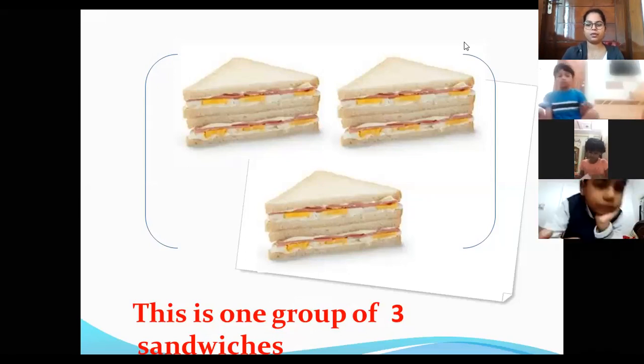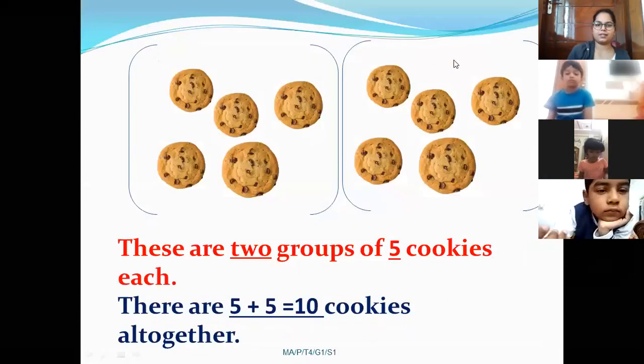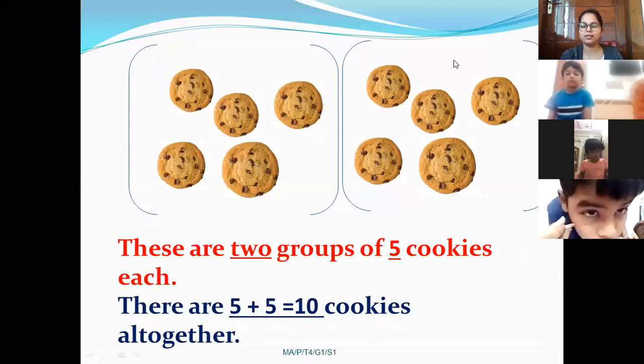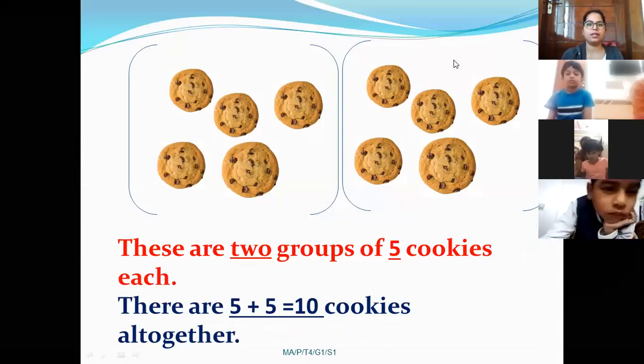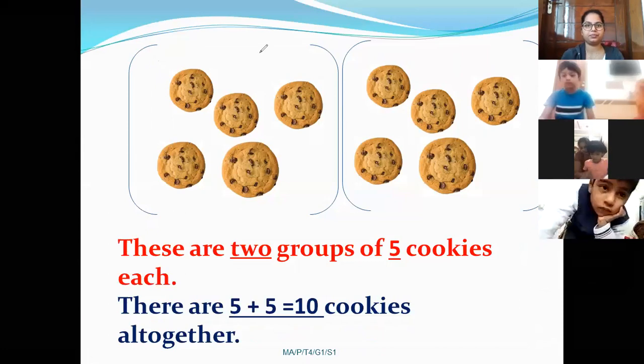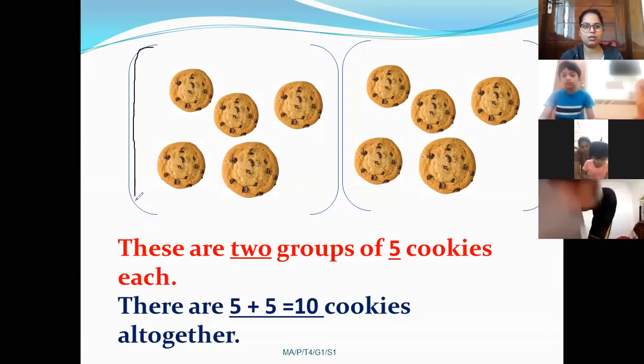Now, next. Now you all can see some cookies are there, right? Now, if you look at your screen carefully, children, you can see there are two groups. You all can see they have divided these two groups with these lines. Blue color lines are there like this, no?